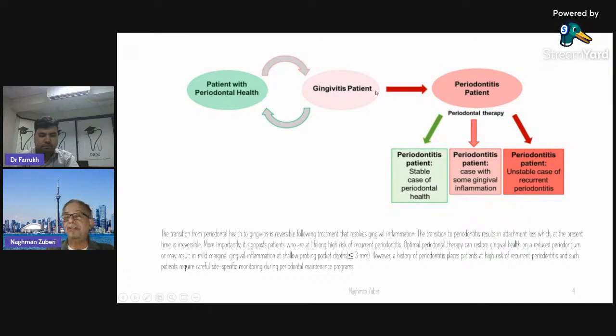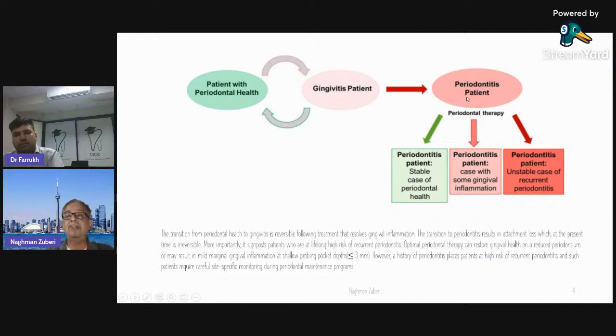But this gingivitis can progress into periodontitis. If the disease progresses to periodontitis, it cannot come back to this situation, which we call periodontal health on an intact periodontium.